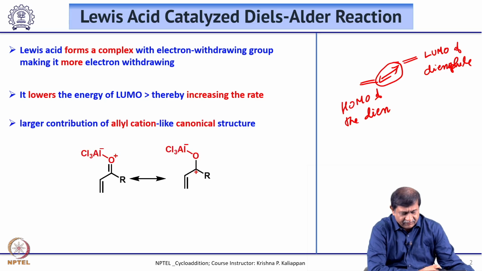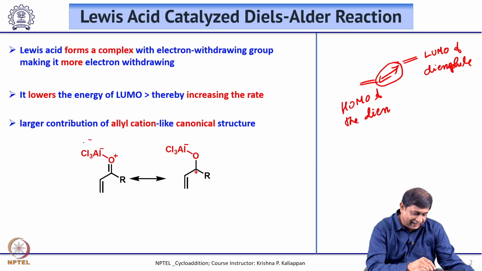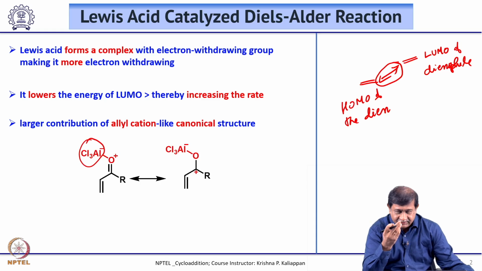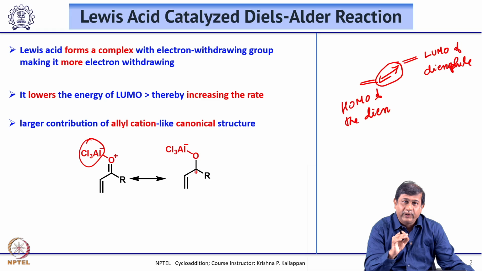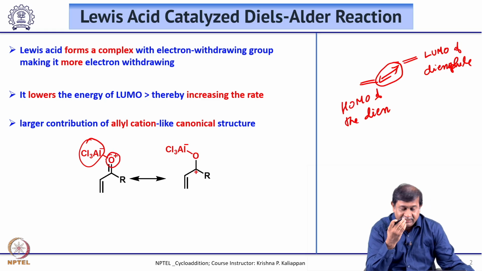See what happens when you add a Lewis acid. For example, if you add a Lewis acid like aluminum chloride to the diene and dienophile mixture, this Lewis acid will coordinate with oxygen or any electron donating group.